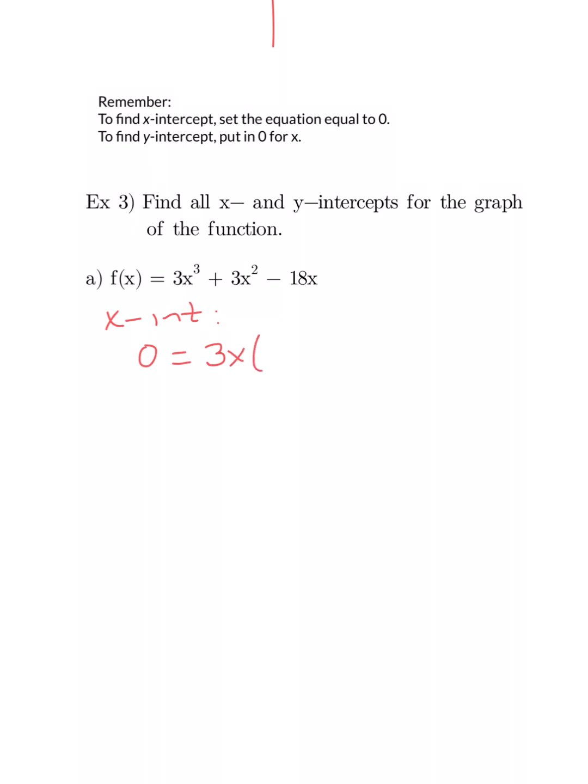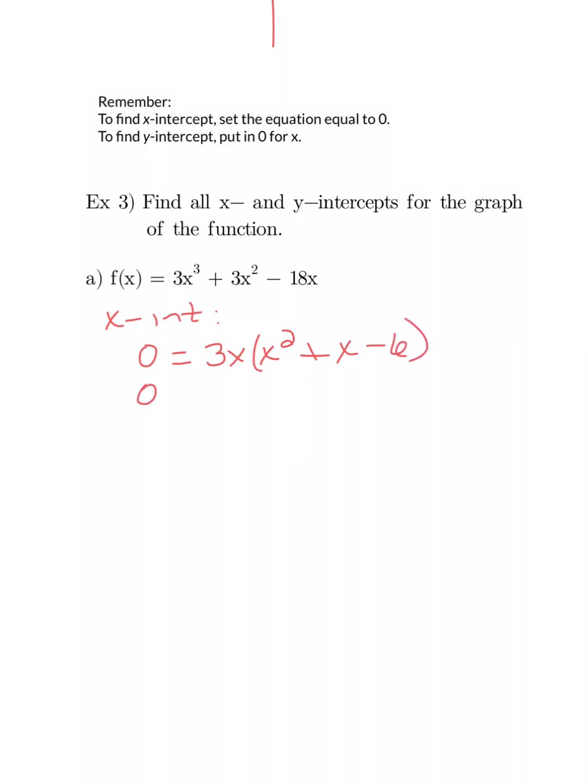If I take 3x out of 3x to the third, I'm left with x squared. Plus, take 3x out of 3x squared, you're left with x, and take 3x and divide it into negative 18x, you're going to get negative 6.